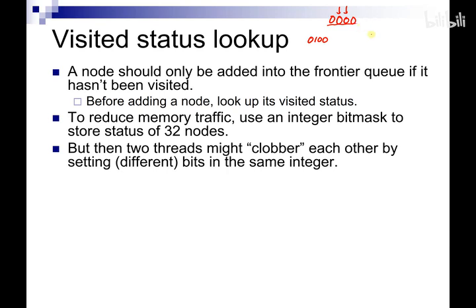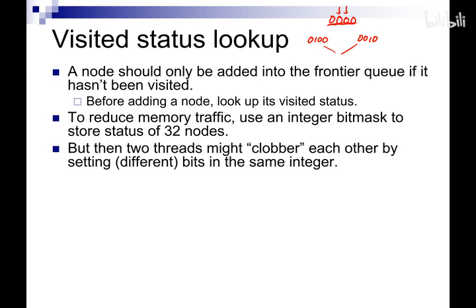Now, concurrent to that, you have, let's say, another thread which is visiting the third node. So it also read this visited status, and it just wants to mark the third bit as 1. Now both of them are going to write their new bit mask back to this bit mask location.